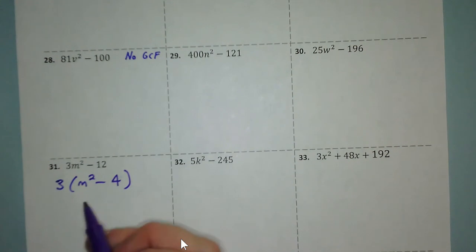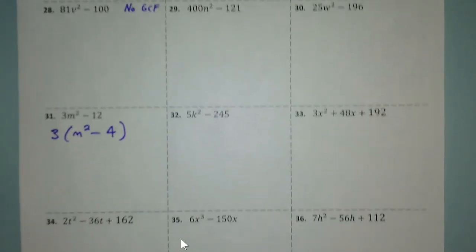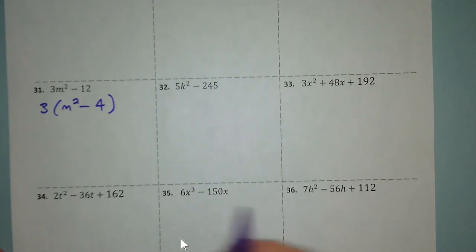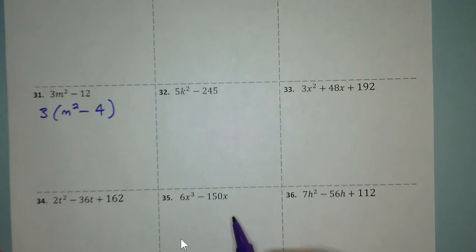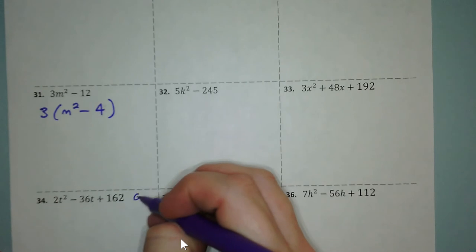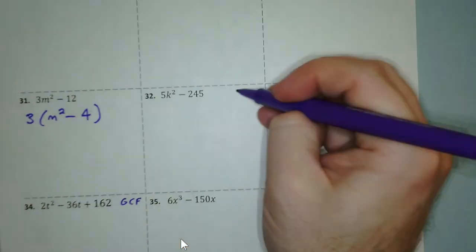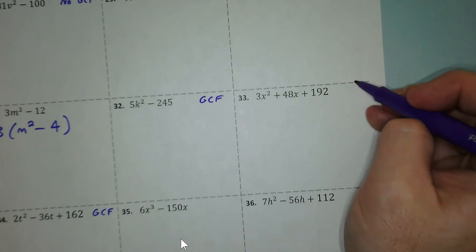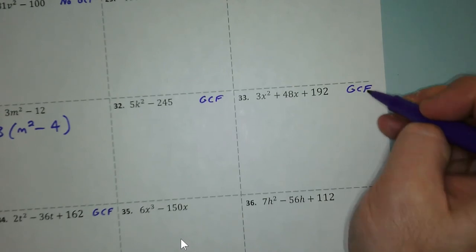But this keeps going, doesn't it? This one keeps going. Check it out. Number 34 or number 35, there is a GCF. So keep this in mind, people. There is a GCF there. There is a GCF there. There is a GCF there.